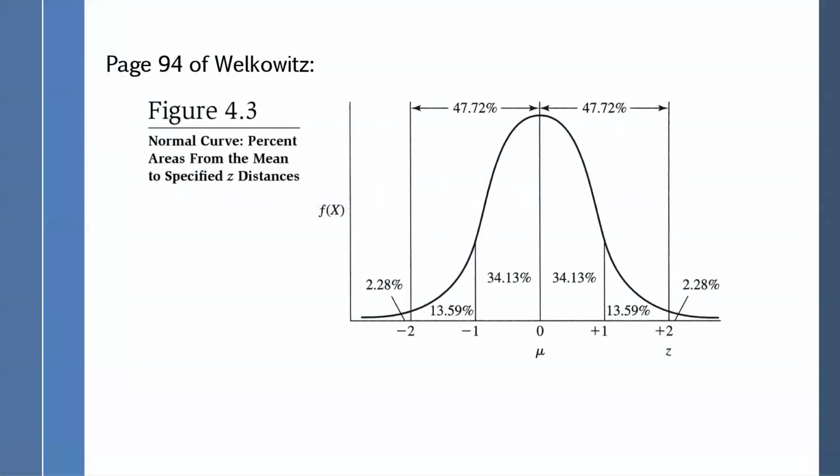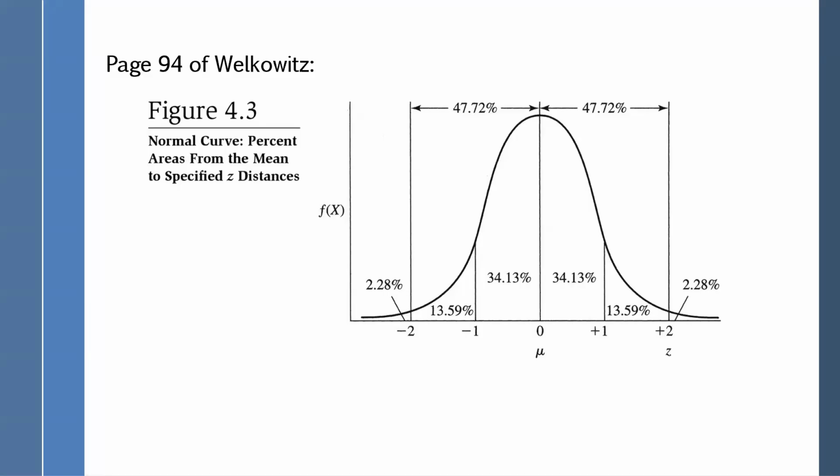First, we have the normal curve, and this illustration is from the Welkowitz textbook. At page 94, you can see the familiar bell-shaped curve, and we've got the standard deviations in the form of z-scores +1, +2 going to the right, and -1, -2 going to the left.